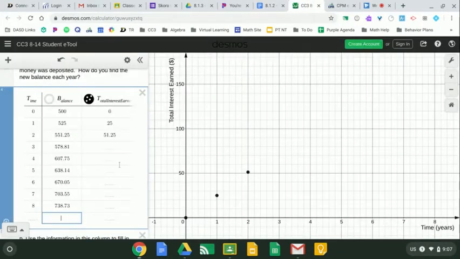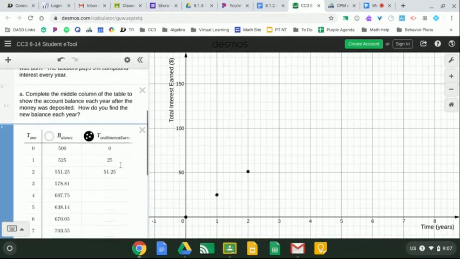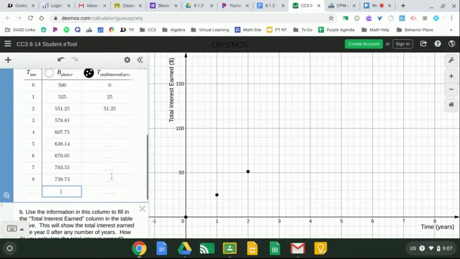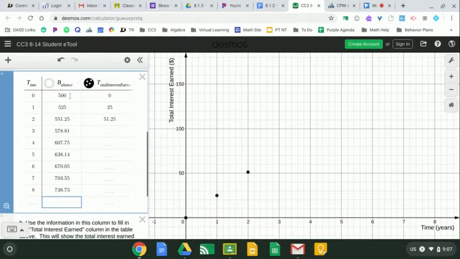Alright, now going back, our next part is to complete the total interest earned column. So this one, we started with $500. To get to that next year for balance, we added $25. So if we take $525 minus 500, you get 25.